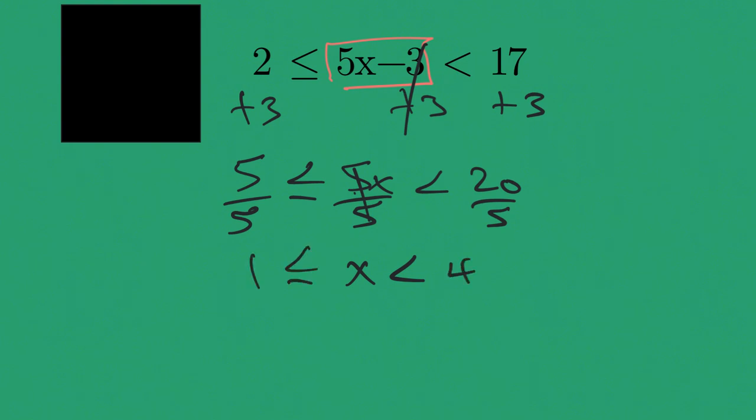And 5 divided by 5 is 1. Okay? There's the compound inequality that's describing my solutions. Values that are less than 4 and values that are greater than or equal to positive 1.